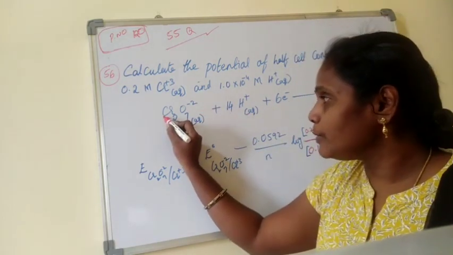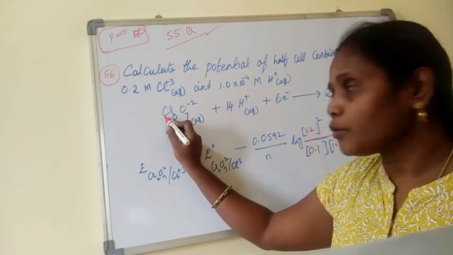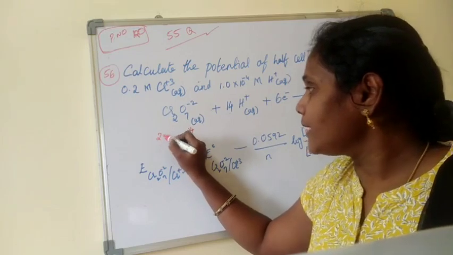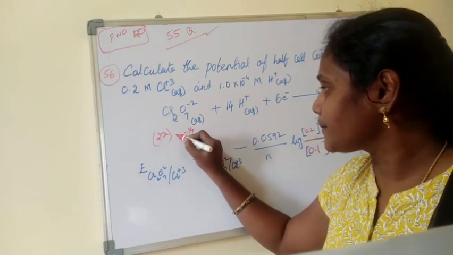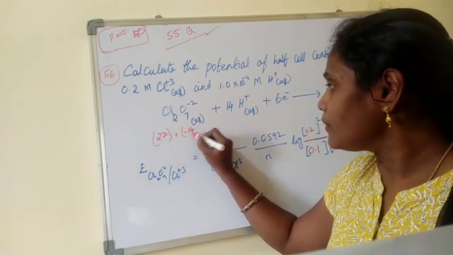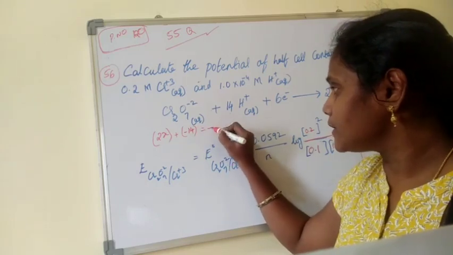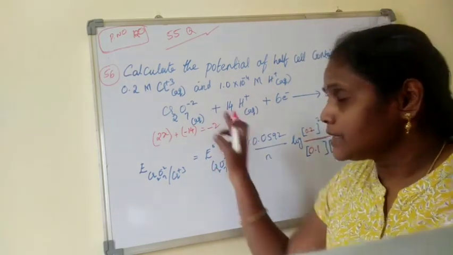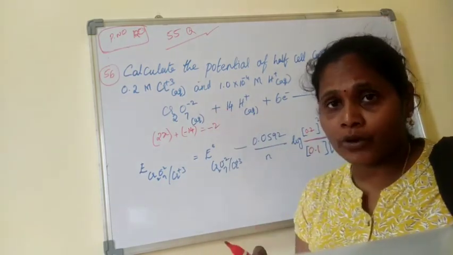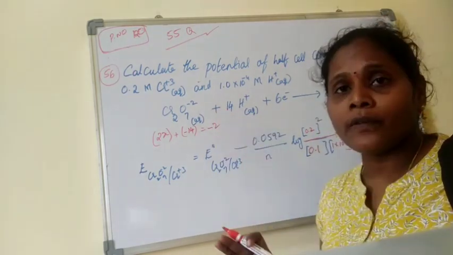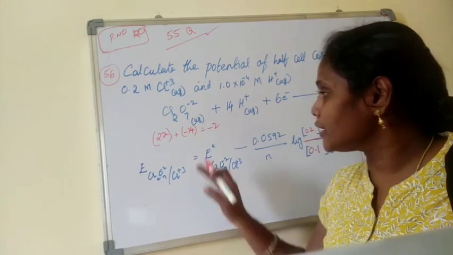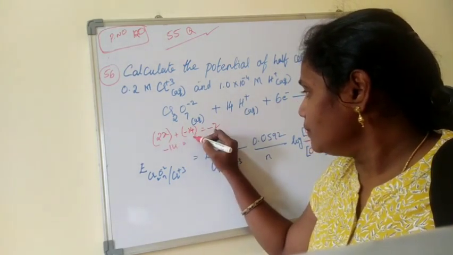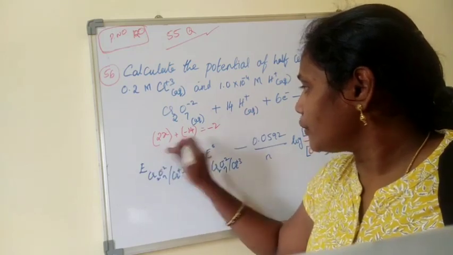Then how much should be for the chromium? Both chromiums should get 2x, because the sum of the oxidation states equals the ionic charge. If it is a neutral molecule, it equals 0. So 2x minus 14 equals minus 2.